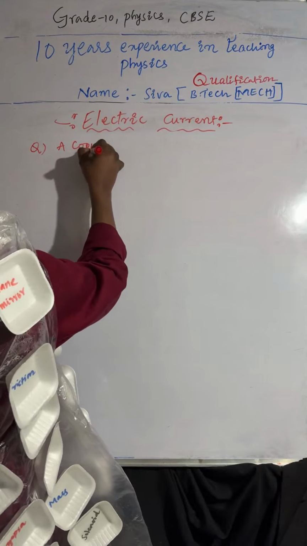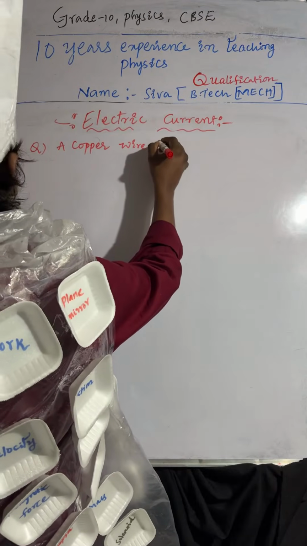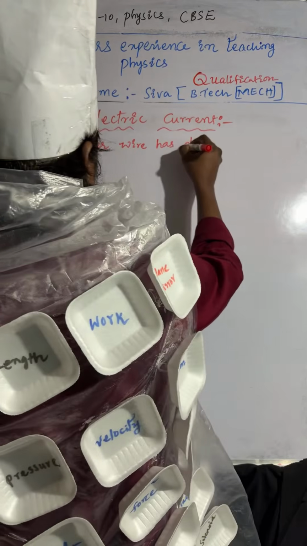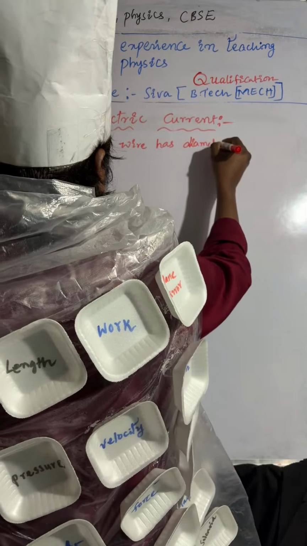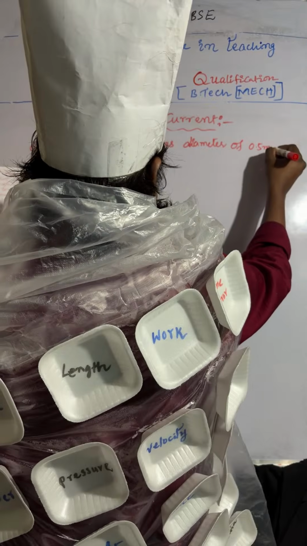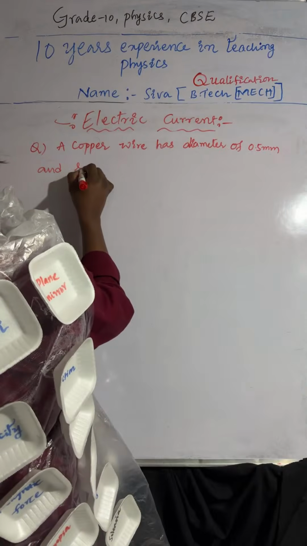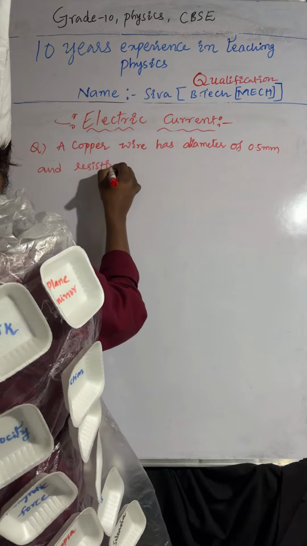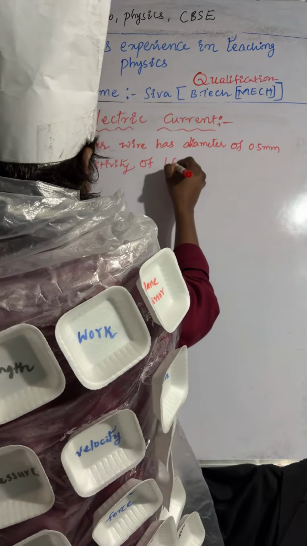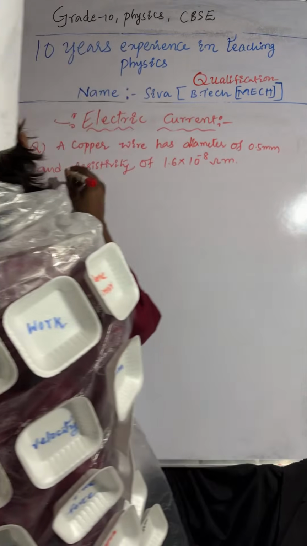A copper wire has a diameter of 0.5 mm and resistivity of 1.6 into 10 power minus 8 ohm meter.